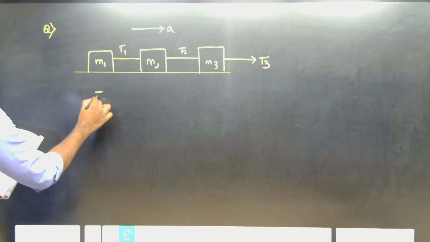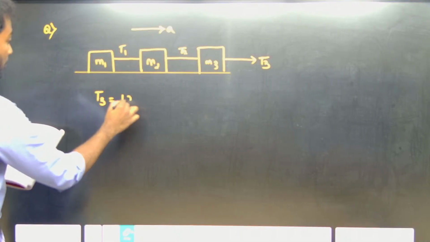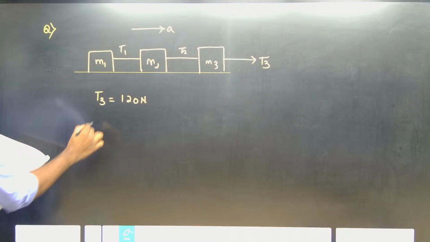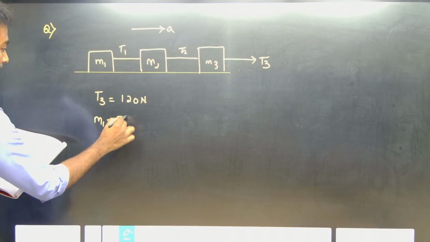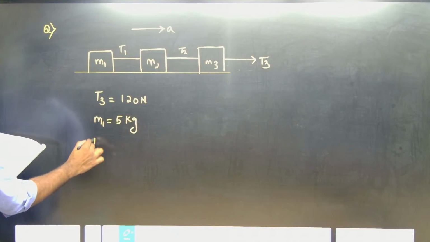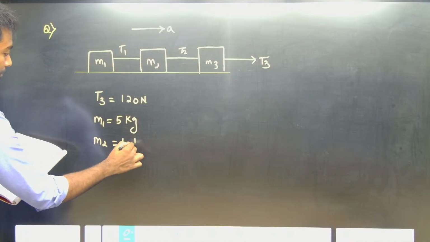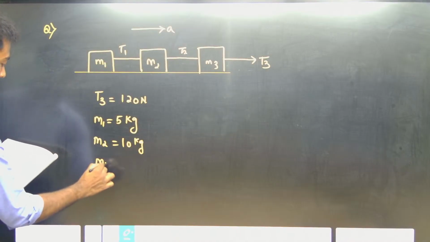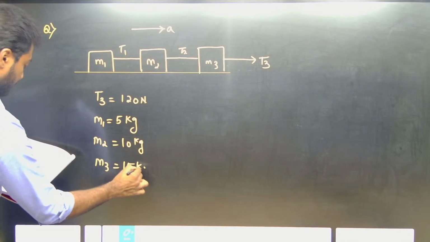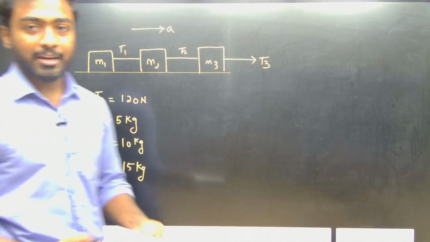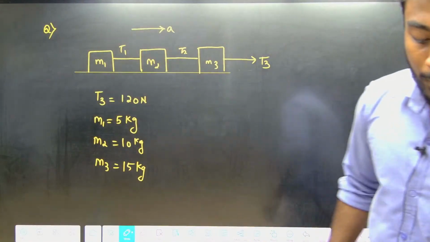T3 they have given as 120 Newton, M1 as 5 kg, M2 as 10 kg, and M3 as 15 kg. Calculate the acceleration and the tensions T1 and T2 in the system.